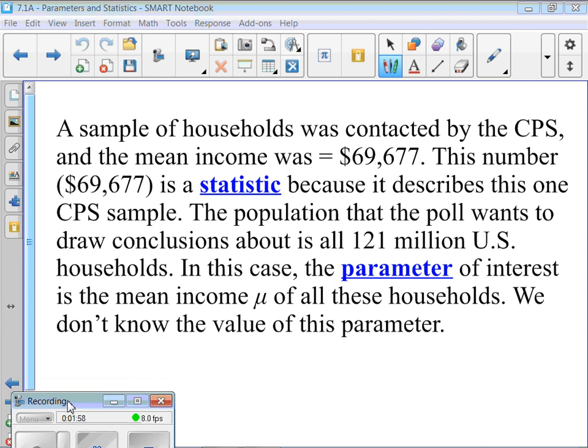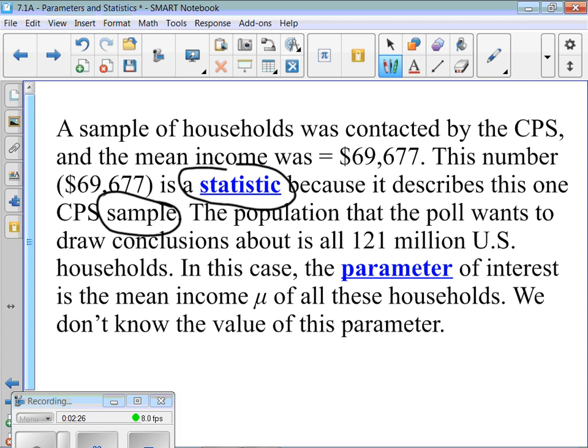So let's talk about what statistic means and what parameter means. A sample of households was contacted by the CPS, and the mean income was $69,677. So this number is a statistic because it describes one sample. What's important to note is that a statistic is a number that goes with a sample.